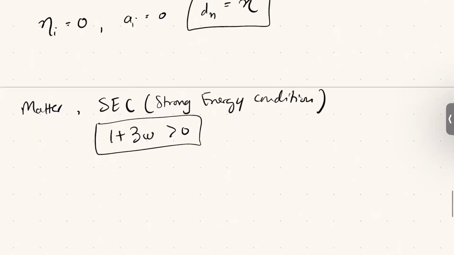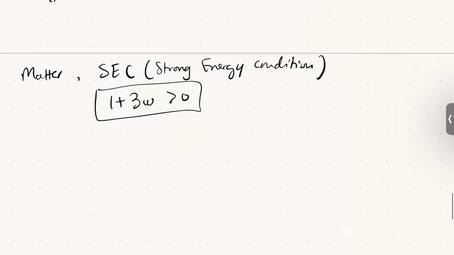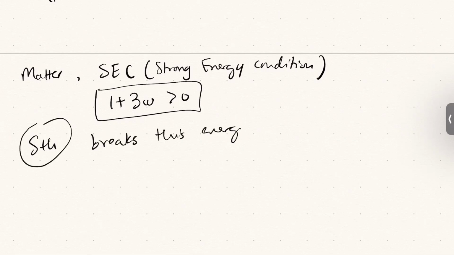So in that case, whatever is dominating in the early universe must contradict this energy condition, right? So it must break this energy condition. So whatever, let's call it, I don't know, let's call it something. Okay. Something breaks this energy condition.